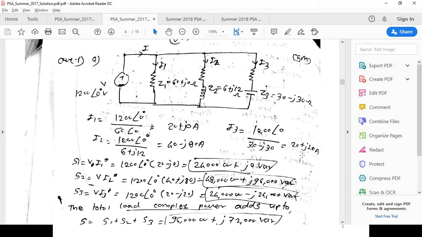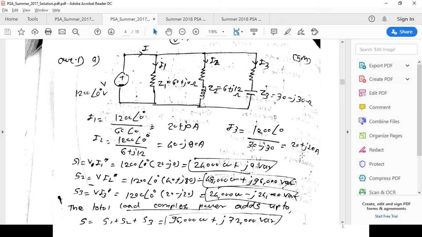Because we know complex power is nothing but the multiplication of voltage and the complex conjugate of current. So voltage is 1200 at an angle of 0 degree and current I1 is 20 plus J0 ampere. Its conjugate is 20 minus J0.